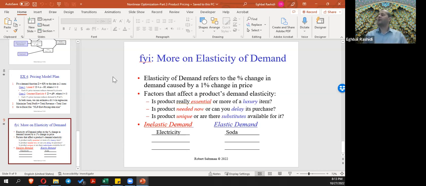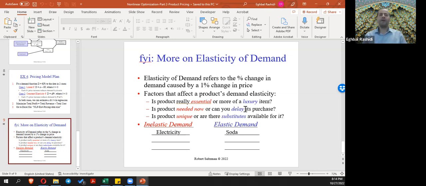Generally, those items that are not essential, that means they are kind of luxury, they can be delayed, they are not required right away, you're not going to die without them, and they may or may not have substitutes, can overall be thought of as elastic demand. It means that if you change the price by a percentage, the demand is going to change based on a percentage of price, or a function of price.